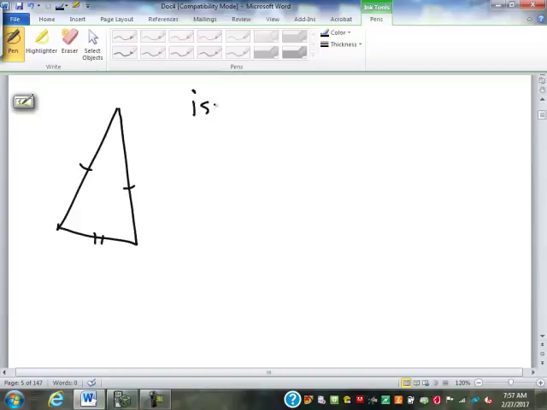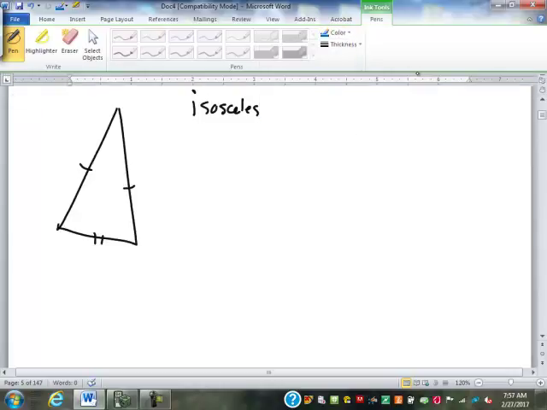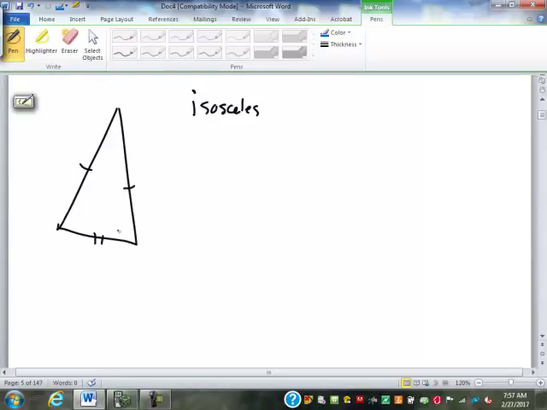Very good. Now when we're looking at an isosceles triangle, what do we know about the angles? We know it's isosceles because two sides are equal and the third one's different. But what do we know about the angles? Two angles are the same. These two angles that are opposite the equal sides have to be the same.